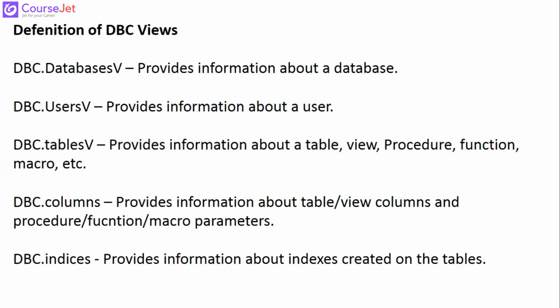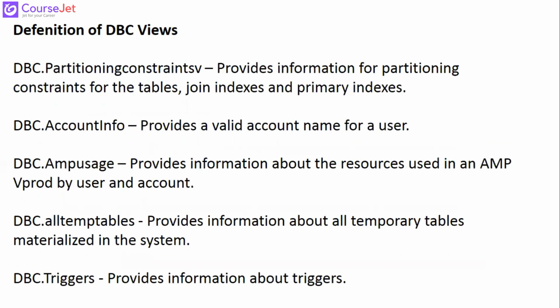DBC.indexes will give you all the information about the indexes on the table, like whether it's a join index. And DBC.partitioningConstraints, I think, was introduced in version 14. It will provide you the information about the partition columns.